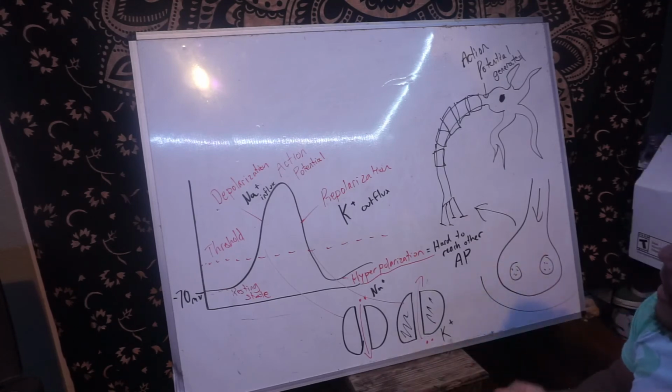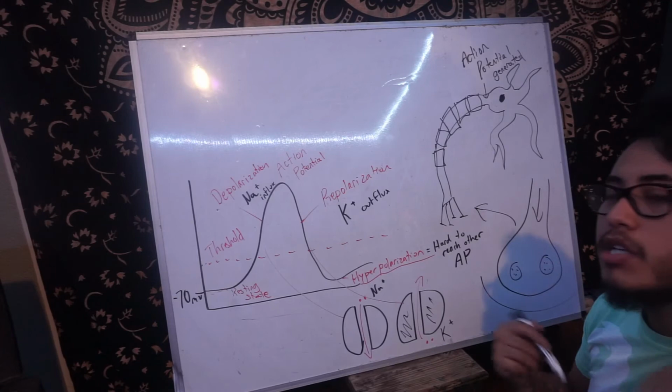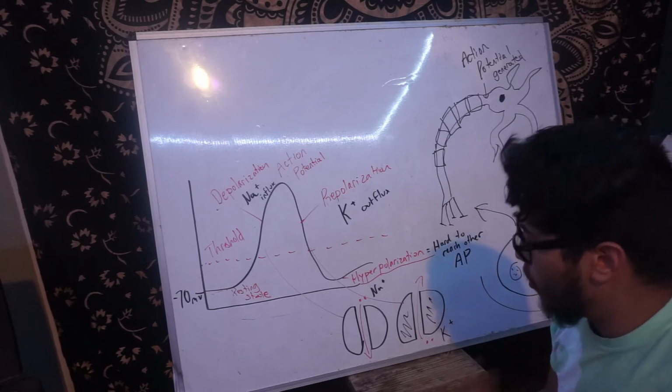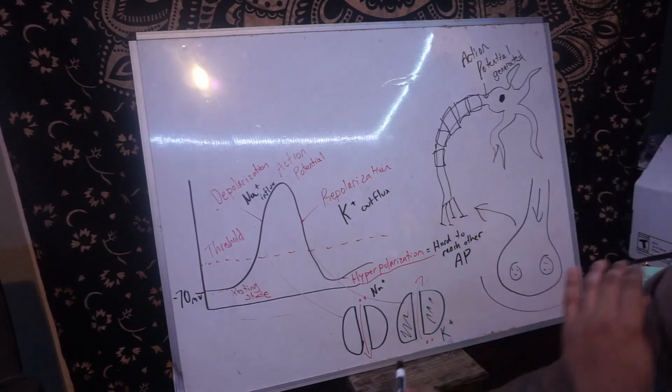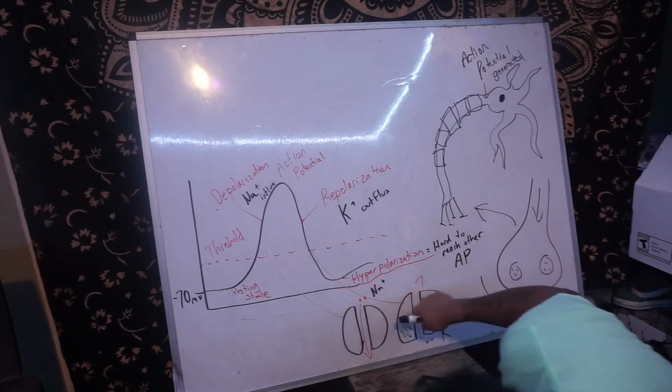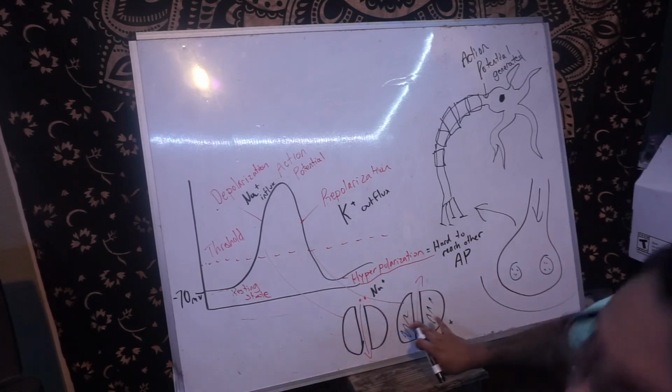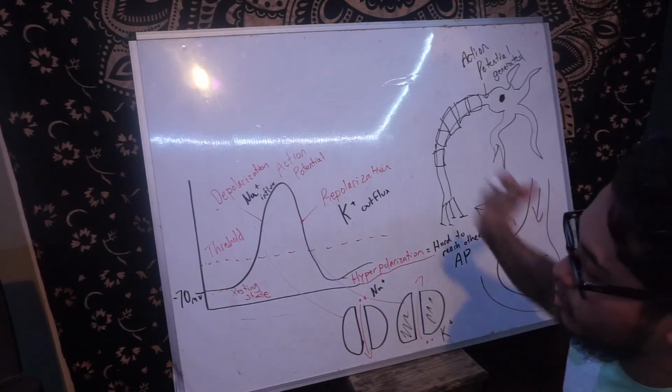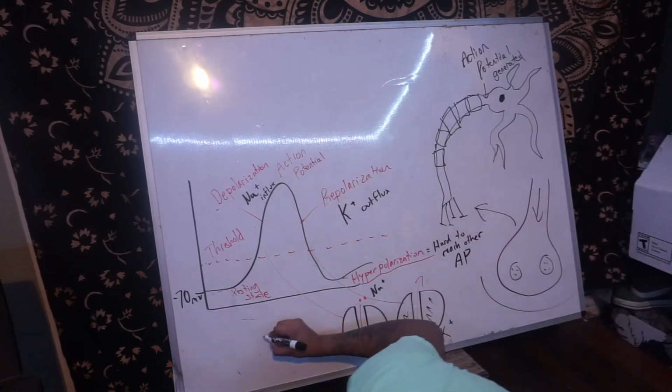One last thing you should remember. She didn't talk about this. I don't know why, but it's something you should have gone over in the very beginning. There's another type of channel that dictates what goes in and what goes out. It looks a little something like this.